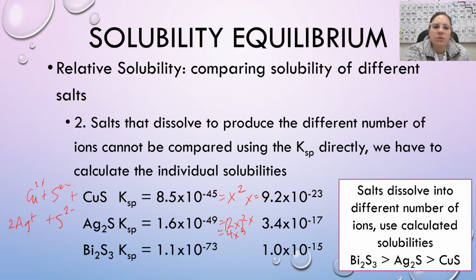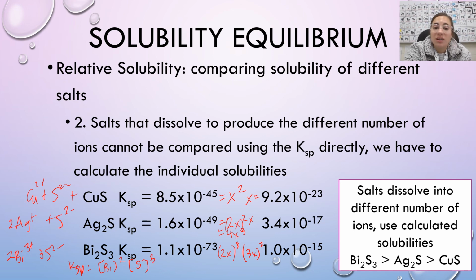And then for this last one, this dissociates into 2 bismuths and 3 sulfurs. So when we plug in, we're going to have 2x squared, or excuse me, 2x cubed, and 3x squared, because the Ksp for this is bismuth squared and sulfur cubed.